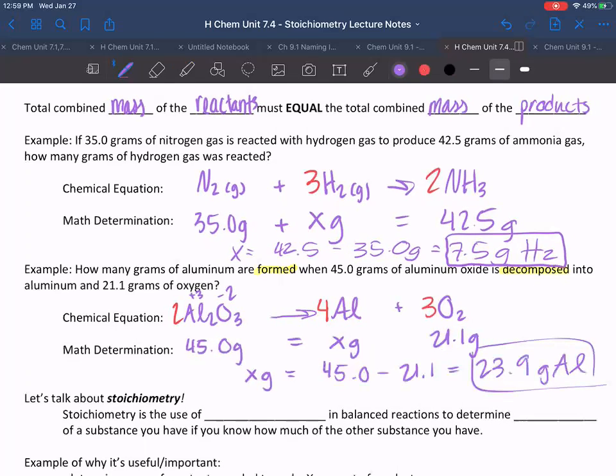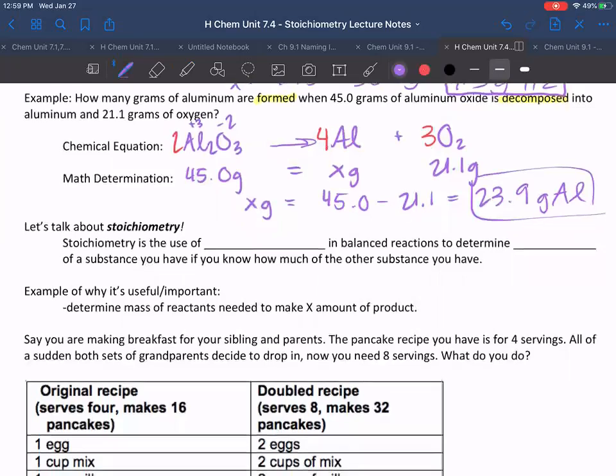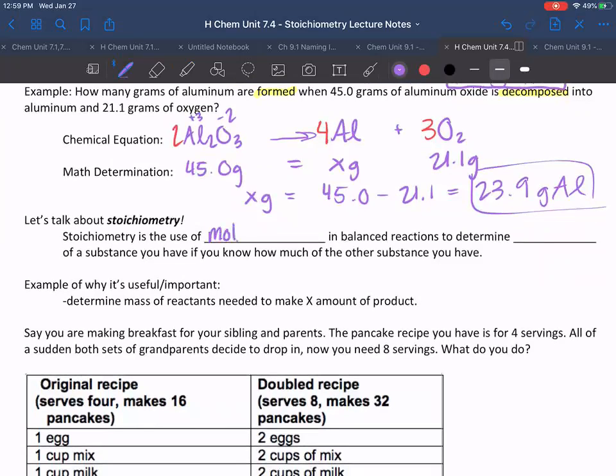Okay. All right, so let's actually dive into what stoichiometry is. Our unit on the mole is really going to come in handy here, because stoichiometry is the use of mole ratios. This is used to determine how much of a substance you have if you know how much of the other.